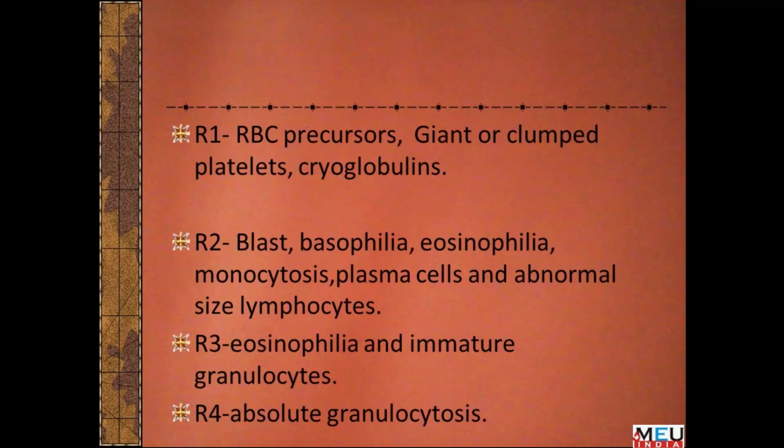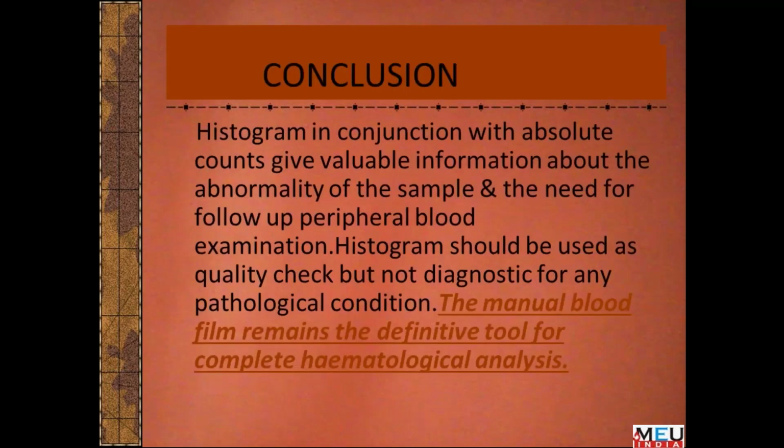Eosinophilia and immature granulocytes also produce certain peaks in the middle of the WBC curve, and absolute granulocytosis also produces peaks. R1, R2, R3, R4 are the flags generally created by the cell counters.